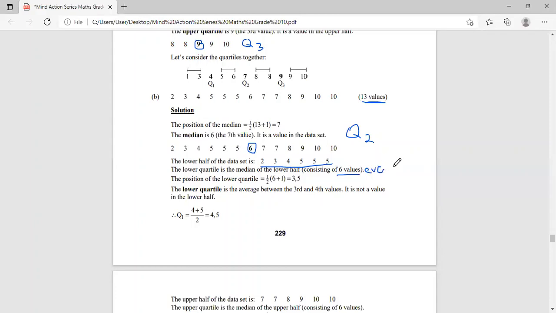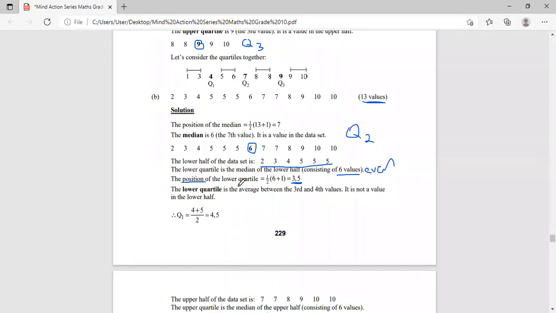Remember what I said: if a data set is even when you divide it into halves, the median, the quartile, will not be part of the values in the data set, right? So we have 6 values, so we get 3,5 as a position.